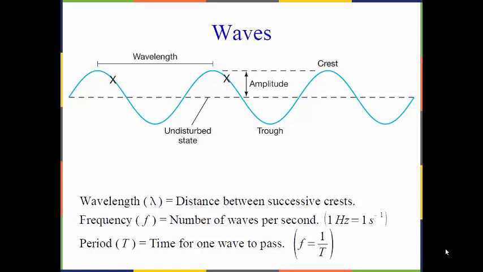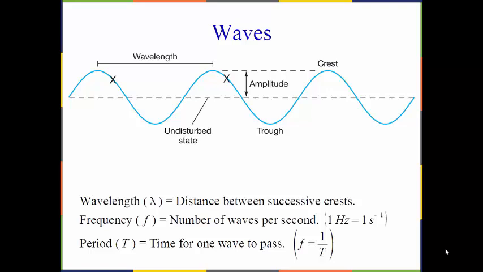The wavelength, denoted by the lowercase letter lambda, is equal to the distance between any two crests or any two troughs. The frequency is the number of waves that go by per second.